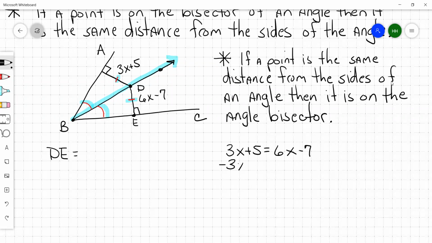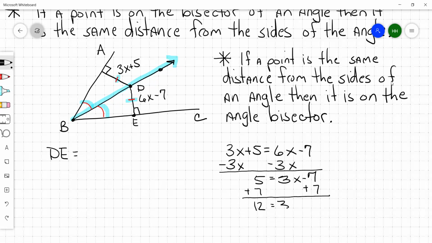Could subtract 3x from each side. 5 would be equal to 3x minus 7. You could add 7. So 12 would equal 3x, and then you could divide by 3. So 4 would equal x.